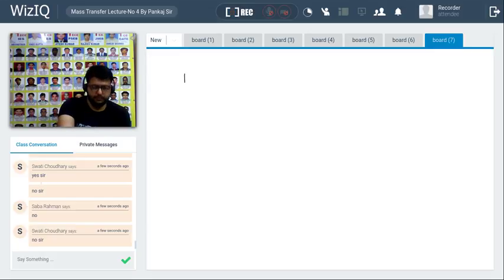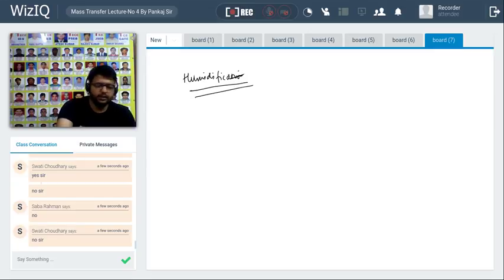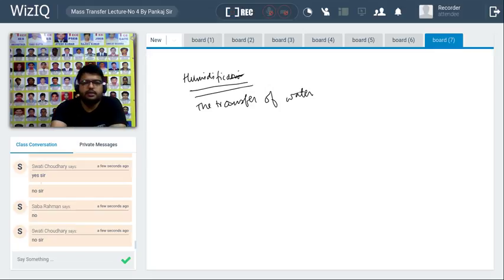Let me write it down. What is happening here? That is the transfer of water. Usually water is taken, not any organic substance, but even if it's taken as an organic substance, that will be the same case.